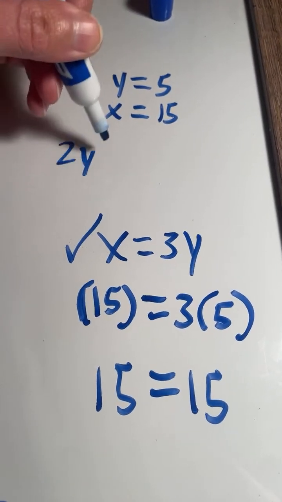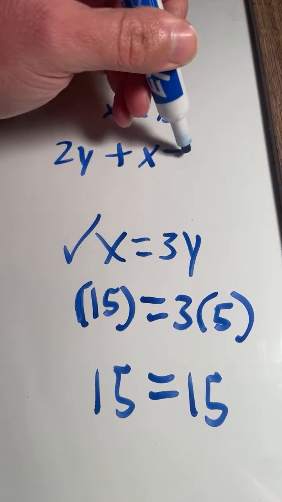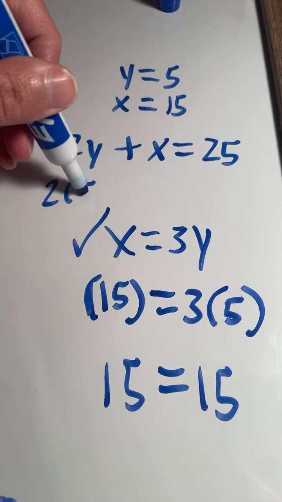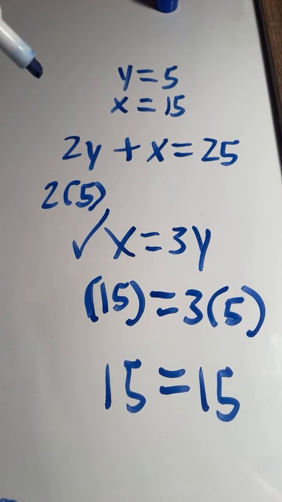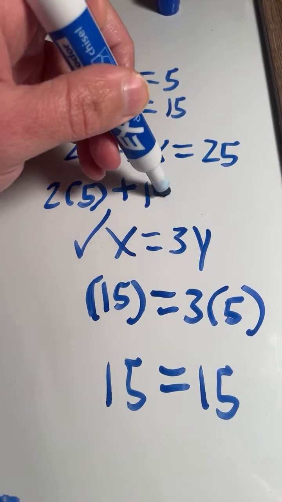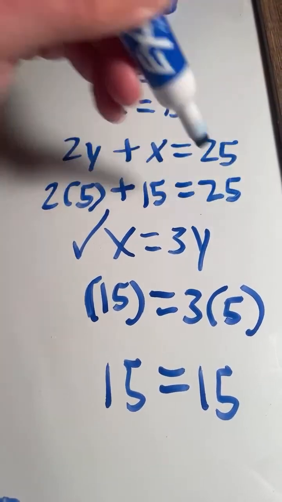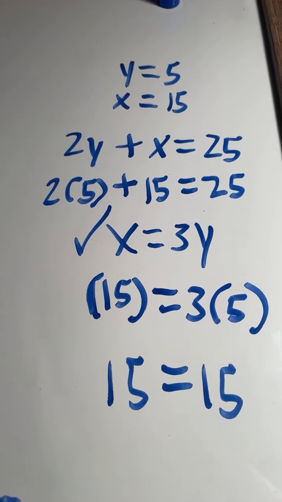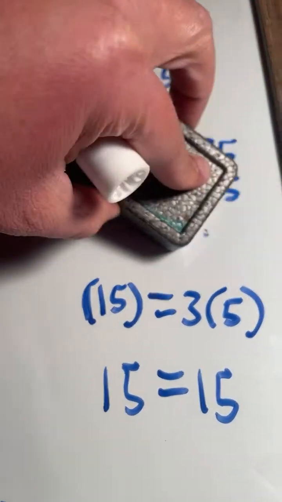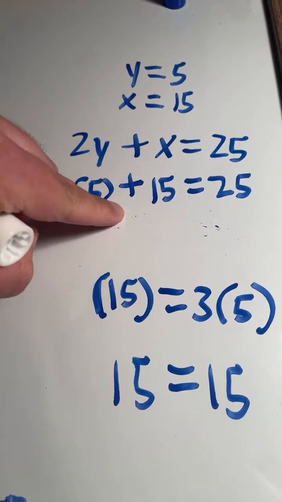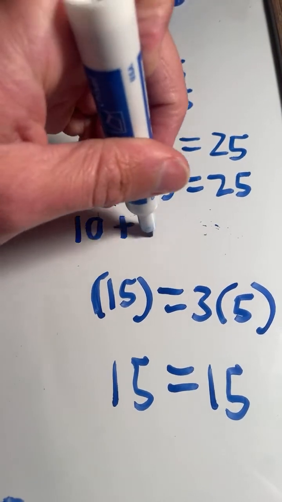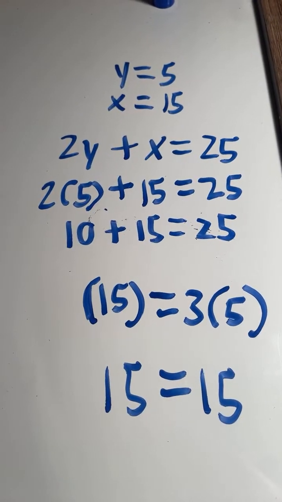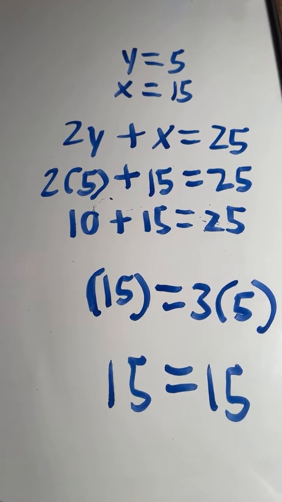Now for 2y plus x equals 25, I'm going to substitute the values. 2 times 5 plus 15 equals 25. All right, so 2 times 5 equals 10. 10 plus 15 equals 25. 10 plus 15 does equal 25. That is true.